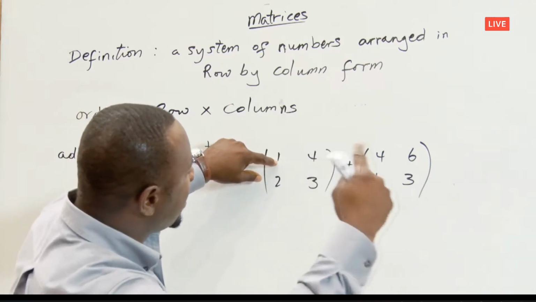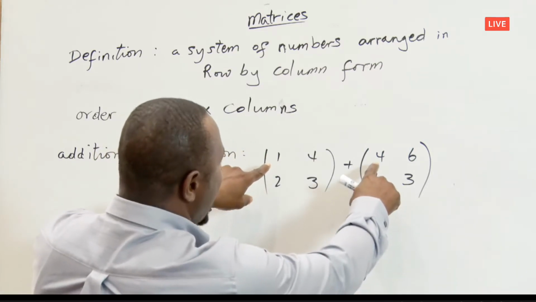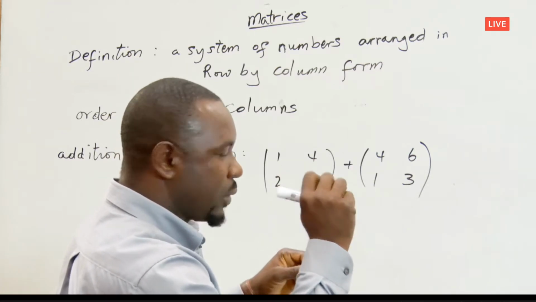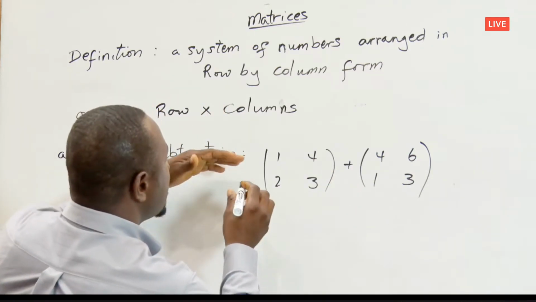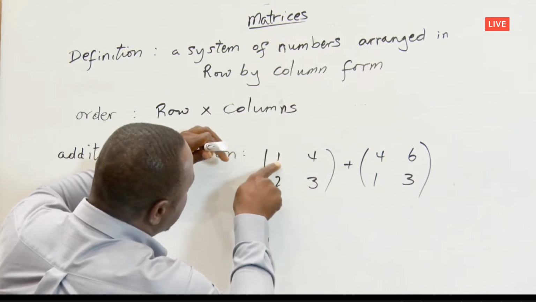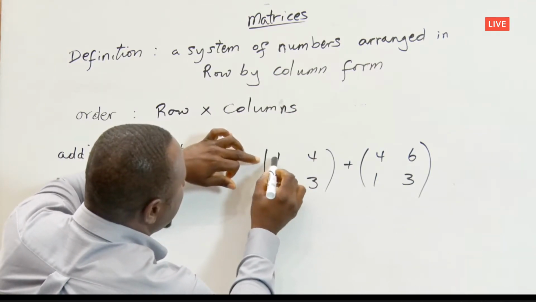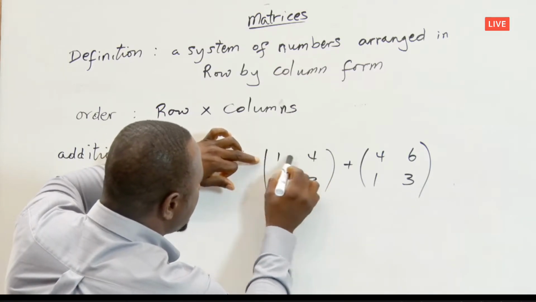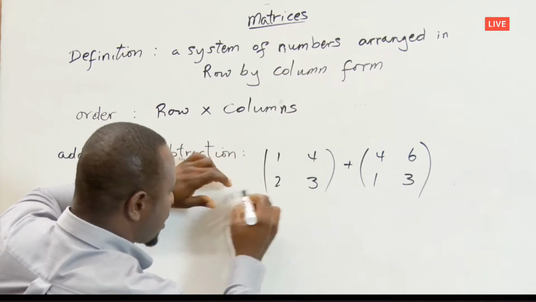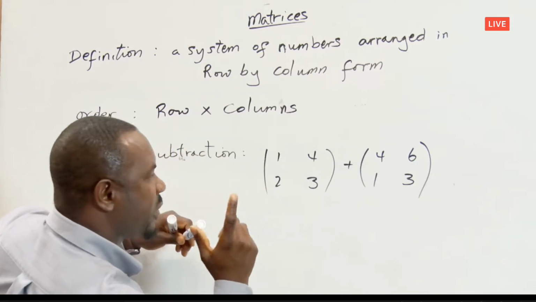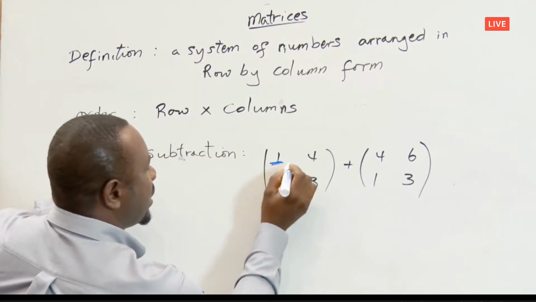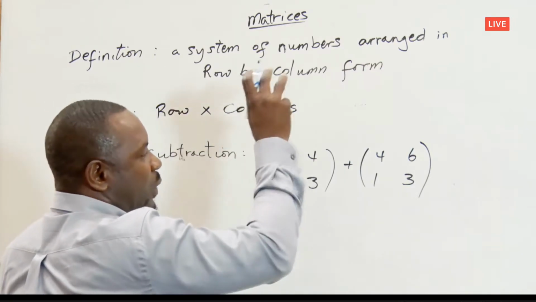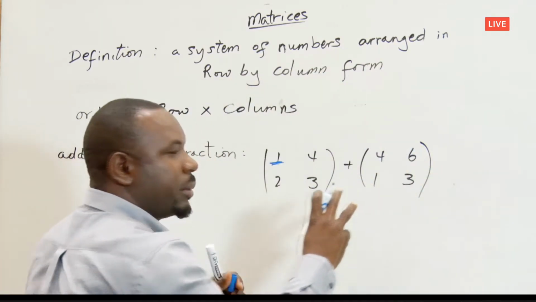All right? And what I want us to remember is that when we add the components in matrix A with what is in matrix B, they must have the same row number and the same column number. So this item here is in the first row and it is in the first column. So this is very important.